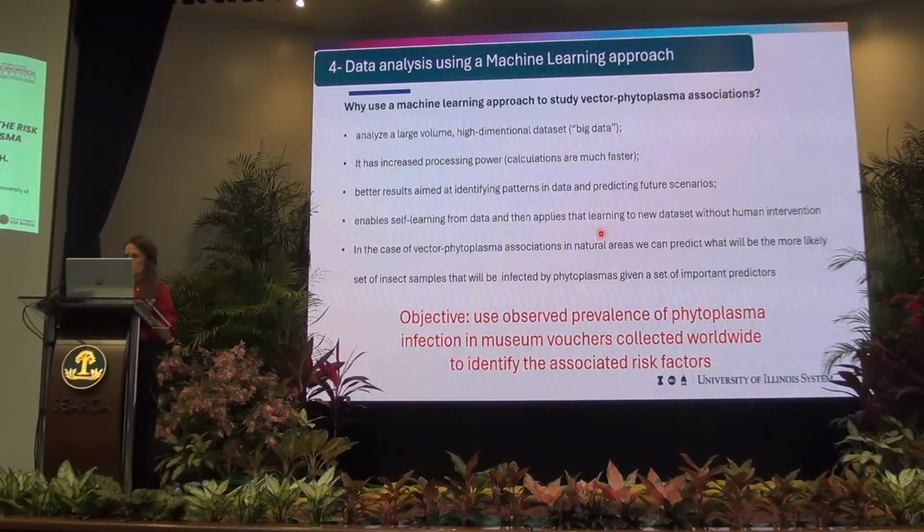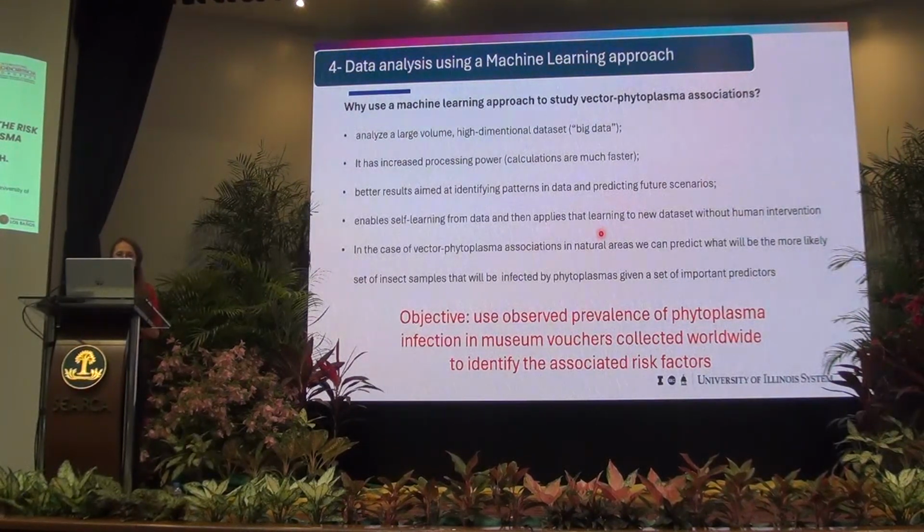Why use a machine learning approach to study vector phytoplasma association? This is a good question. Machine learning has a lot of good properties. For example, you will be able to analyze a large volume of data, the so-called big data, with increased processing power.